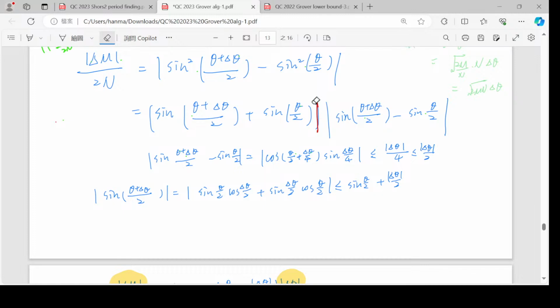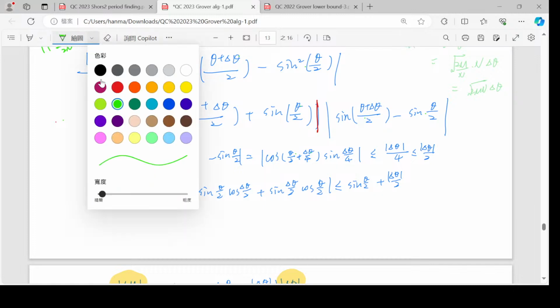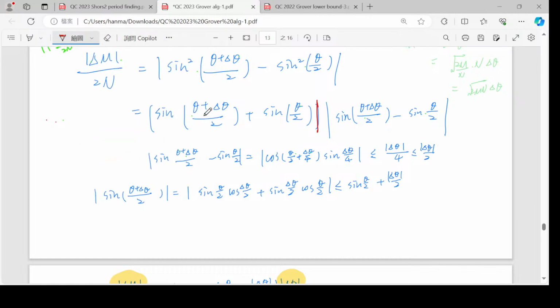I think we are doing more like this thing. It's a bit funny. So it's the absolute value, and that's still absolute value. So the absolute value of those two terms is going to be less than the sum of the absolute value of this plus the absolute value of this.